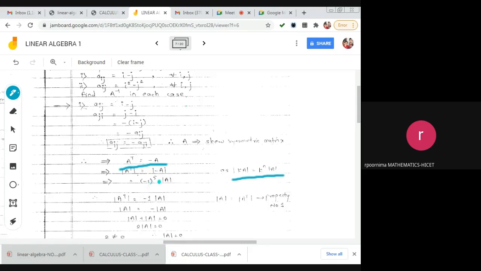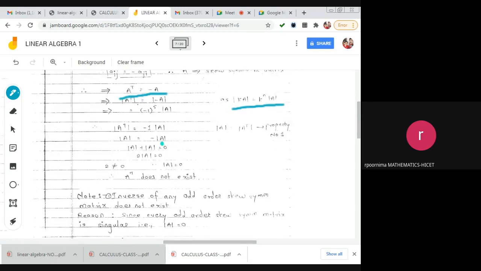Minus 1 whole power 5 into determinant A. Therefore, determinant of A transpose equals minus 1 into determinant A. So determinant A is minus determinant A, because as per the property, determinant A and determinant of A transpose both are the same, no? So instead of determinant of A transpose, we can replace determinant A itself. Then you combine the steps. That is, determinant A plus determinant A is equal to 0. So twice determinant A equals 0, which implies determinant A is 0. Therefore, A inverse does not exist.